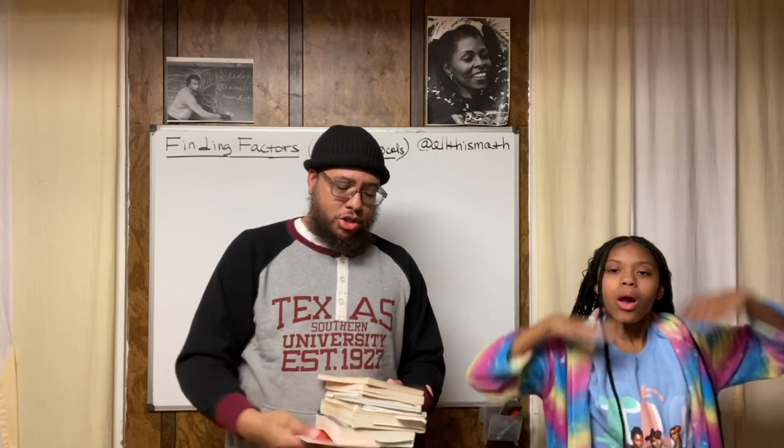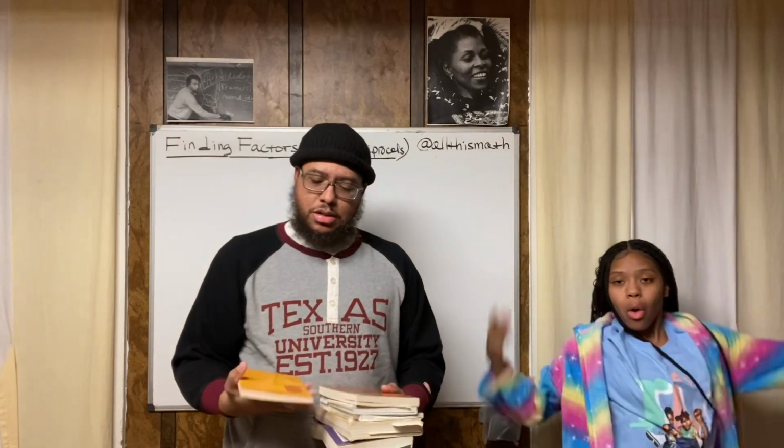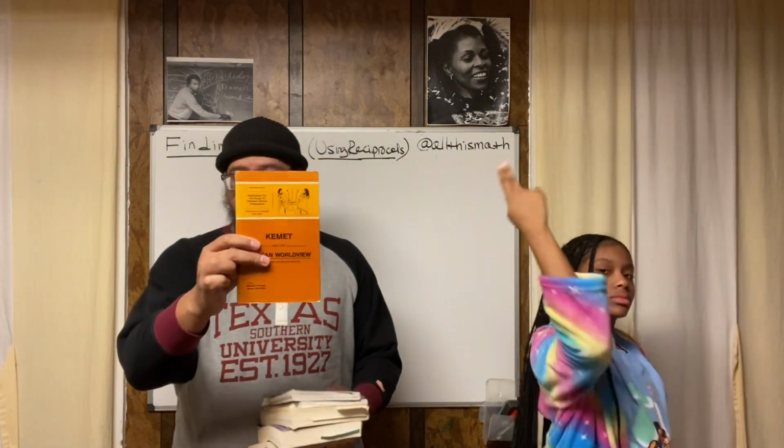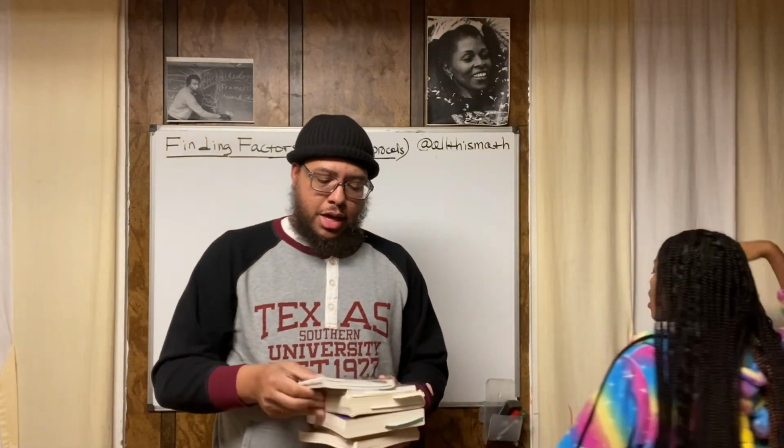Also, we got something that he authored, Essays in Ancient Egyptian Studies. And this one is co-edited by him and Karenga: Kemet and the African Worldview. And also, one of his more popular texts, Medu Neter, by Carruthers.